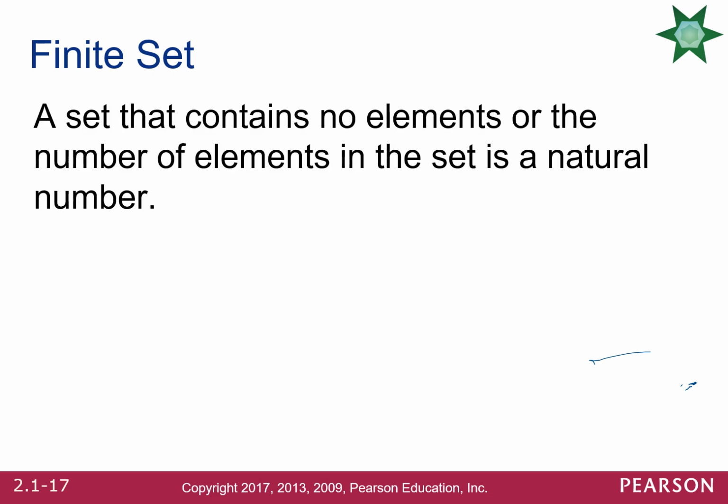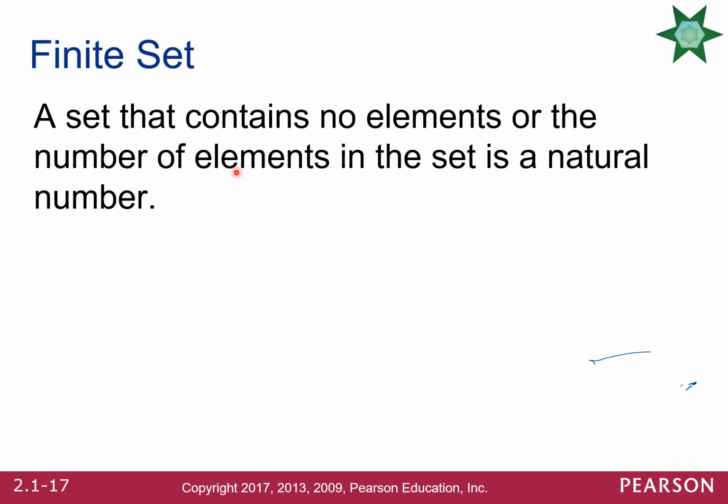Now let's talk about finite sets. A finite set is one which contains either no elements or the total number of elements in the set is some natural number. So it should meet two conditions in order for a set to be a finite set.